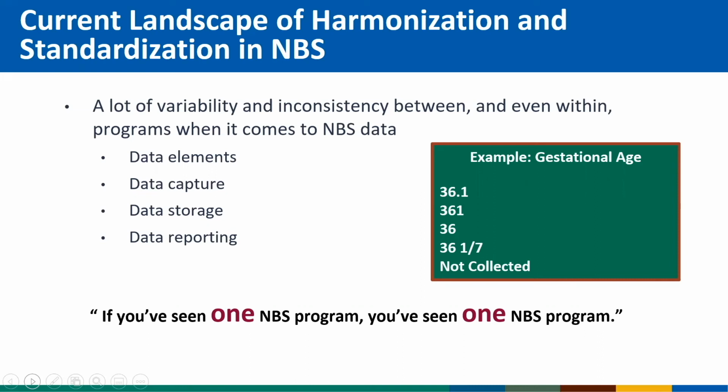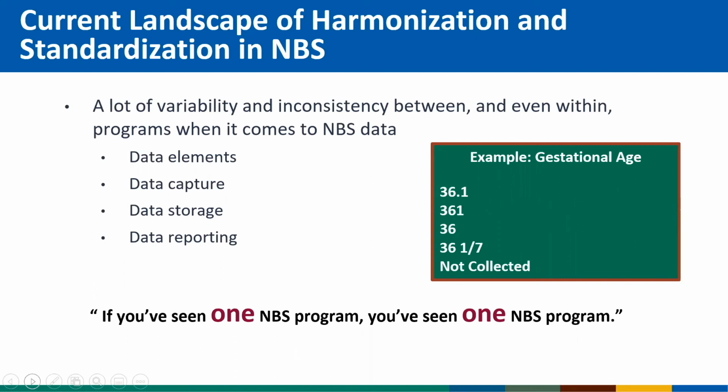So I pulled an example. If we look at what I think many of us would think would be a relatively simple data element example, so gestational age, we can see that, first of all, not all programs collect this information. And when they do, they may collect and store it in several different ways, some with the decimal point, some truncated, without the decimal point, on and on.